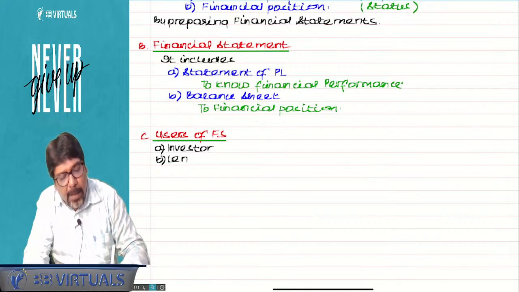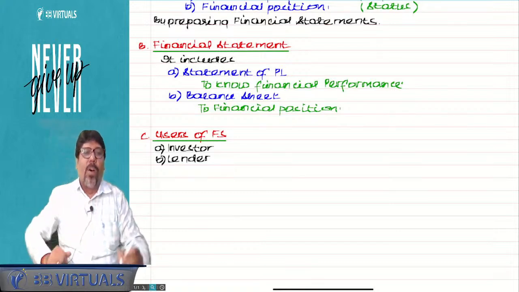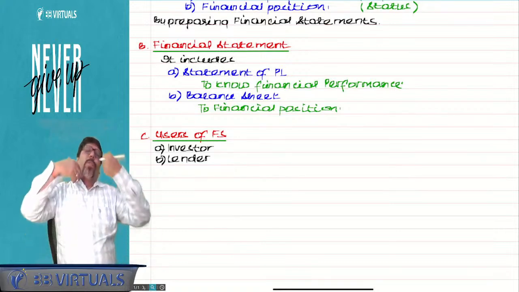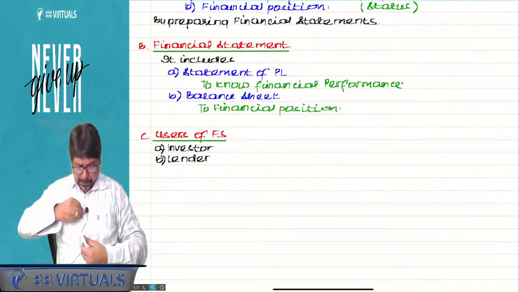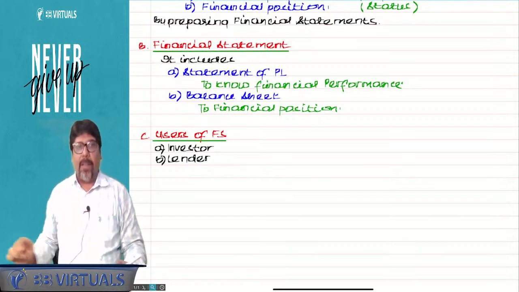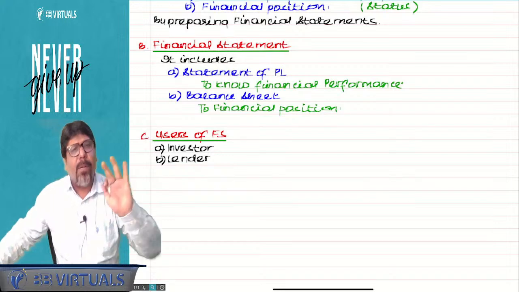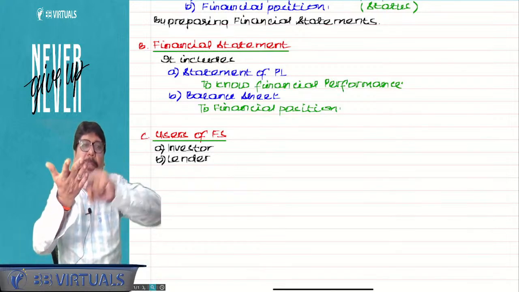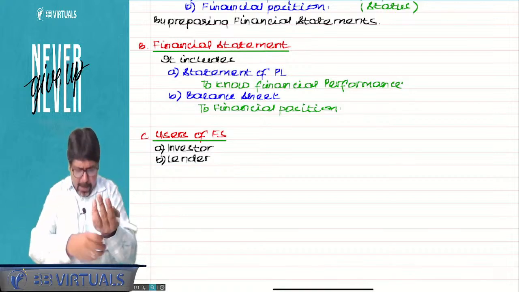B, lenders: debenture holders, or a bank which has given a loan. Why have they given the loan? To do whatever they feel like? We can use that money wherever we feel like? No, no, Swami, that money is not for partying. That money is for business.